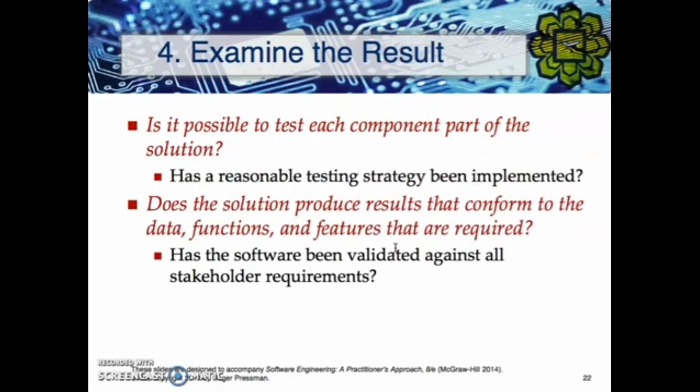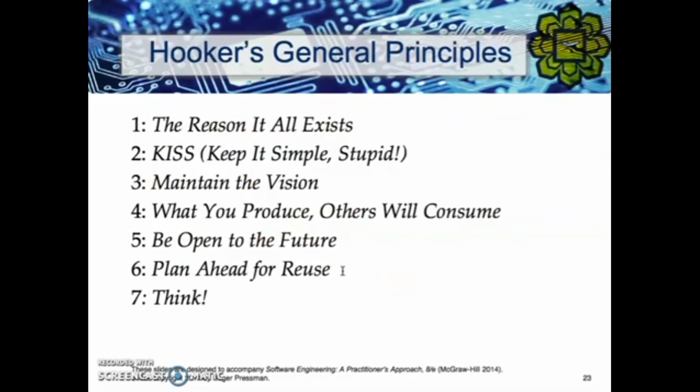And when we want to examine the results, questions like, is it possible to test each component part of the solution? Have we done the necessary or reasonable testing? And does the solution produce results that conform to the data, functions, and features expected? These are the things that we have to check against the deliverables.